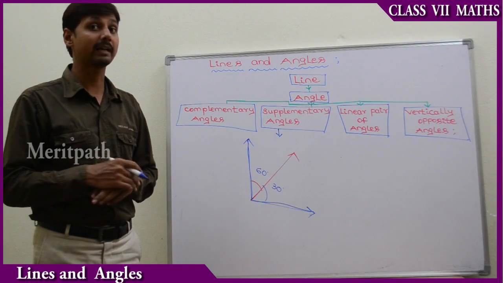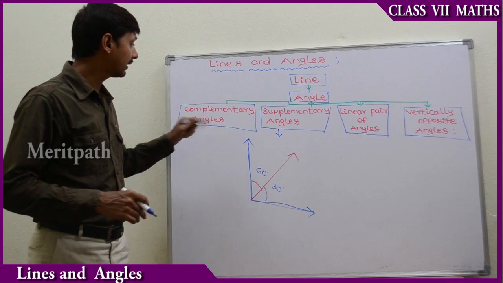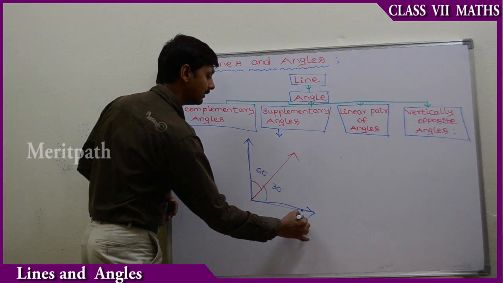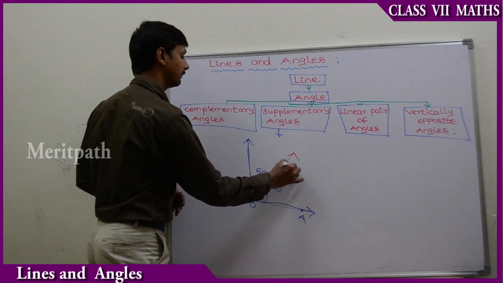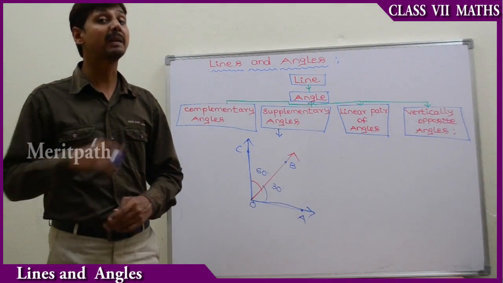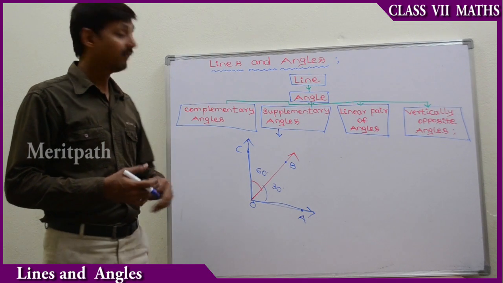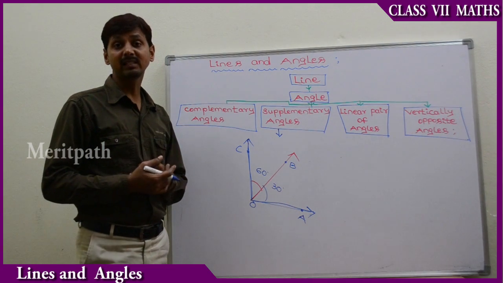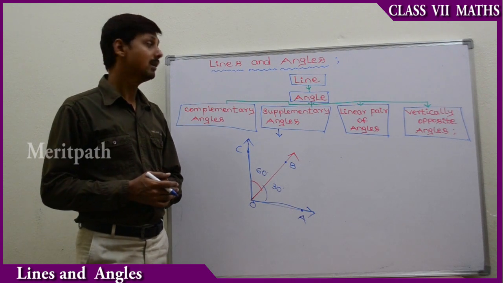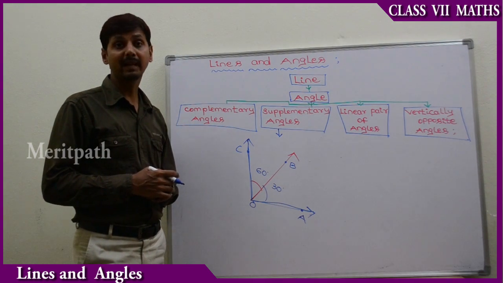The sum of the two angles is 90 degrees, and we call them complementary angles. Naming them, AOB and BOC are complementary to each other, because if you add AOB and BOC, we get 90 degrees, and that's the reason we call them complementary angles.